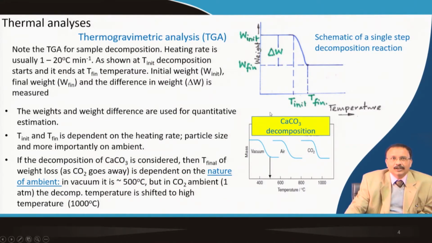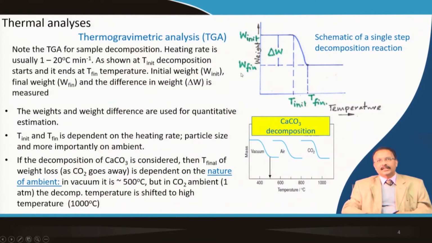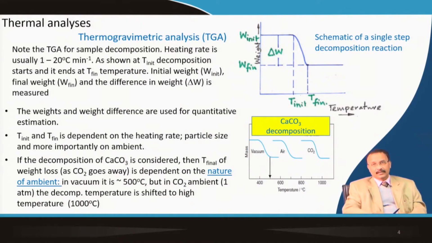The initial weight was W init and the final weight after decomposition is W fin, and the difference in weight, del W, is measured. Basically, this weight change at each temperature is measured. The weights and weight difference are used for quantitative estimation. Either the absolute weight or the difference in weight can be used.